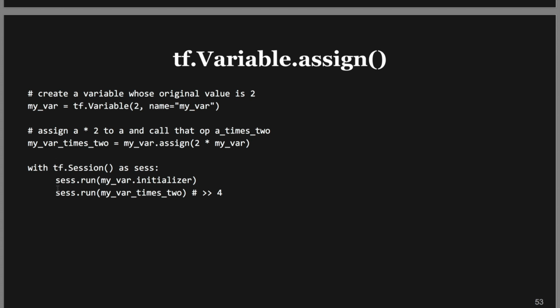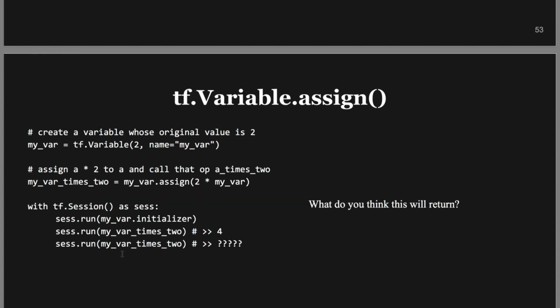And now, if we call sess.run(my_var_times_two), my_var is assigned the value of 2 times my_var. Since we ran my_var.initializer, my_var at this point is 2, and so my_var will get assigned the value of 4 at the end of this call.